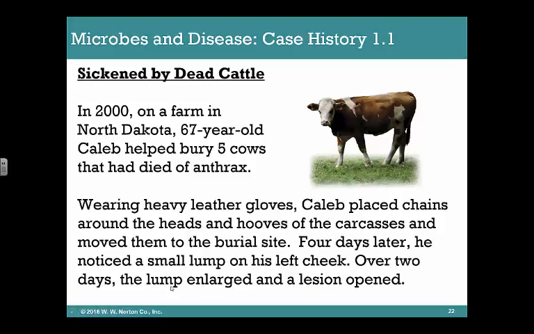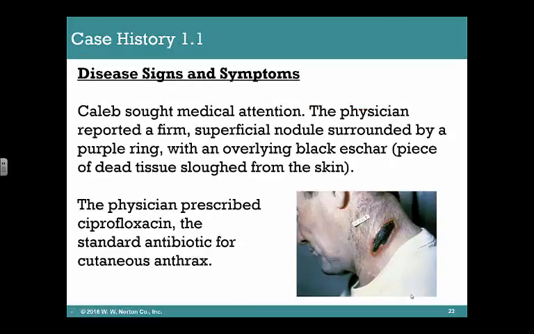So these lumps that he found on his cheek progressed and got worse and opened, and so he went to the doctor and he wanted to find out what was going on. It didn't look normal, and so the doctor found that there was a very firm nodule of tissue that had an inflamed reddish purple ring, and then there was black over the dead tissue that was in the center of the ring.